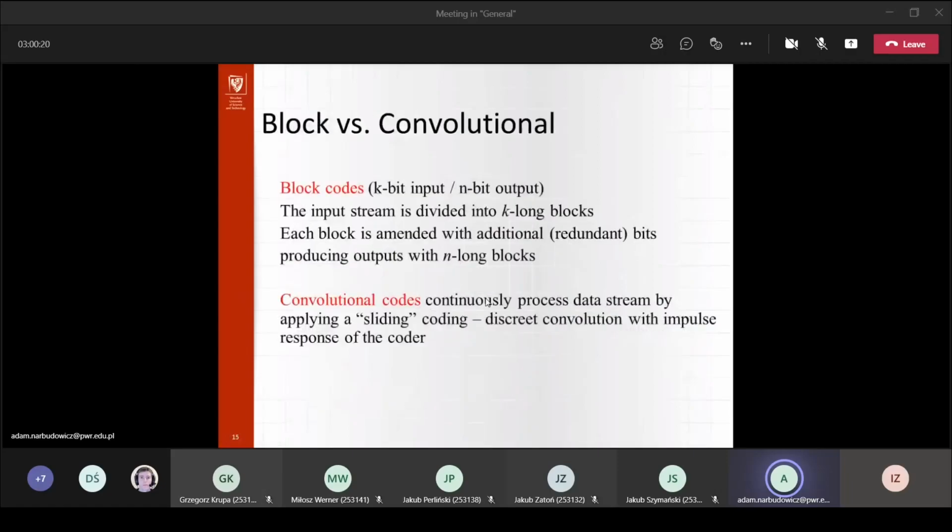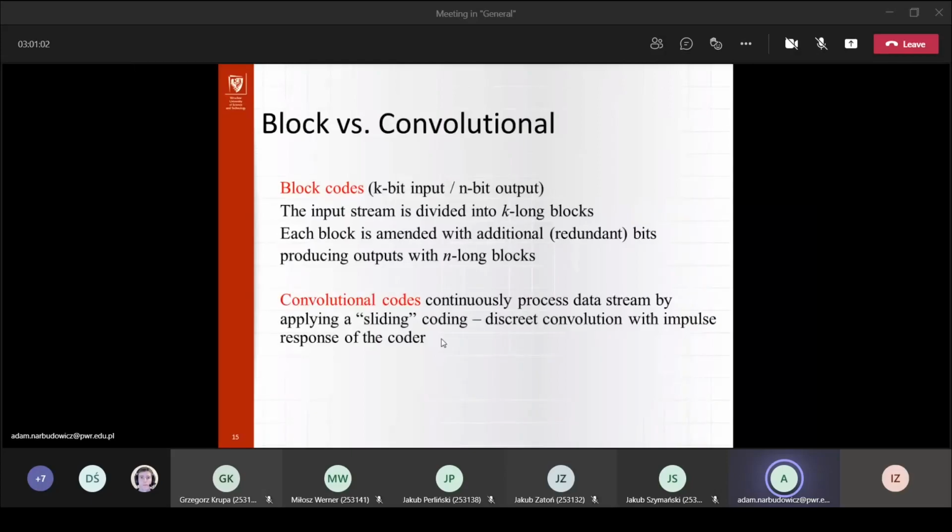So how do they work? Well, basically the block code is the most simple code, where we have a stream of communication. We chop that stream into blocks, hence the name, and we always perform coding only on a single block of information. Now, contrary to this, convolutional codes continuously process the data stream, and apply something which is called sliding coding, hence the name convolution.